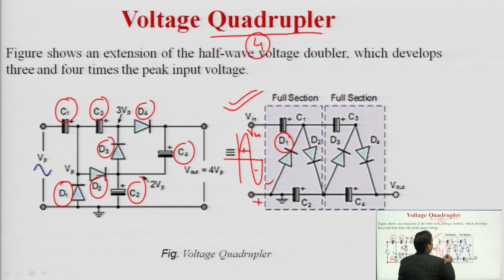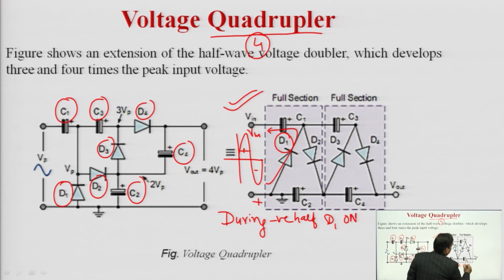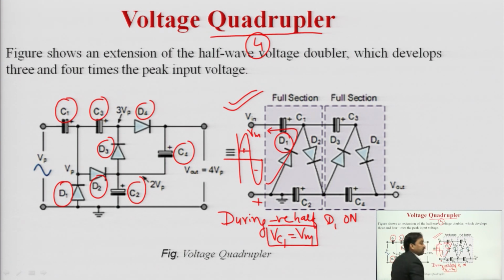So, during the negative half cycle, D1 is on, and once D1 is on, capacitor C1 is charged, which is Vc1 equals whatever we have applied as input, Vc1 equals Vm.